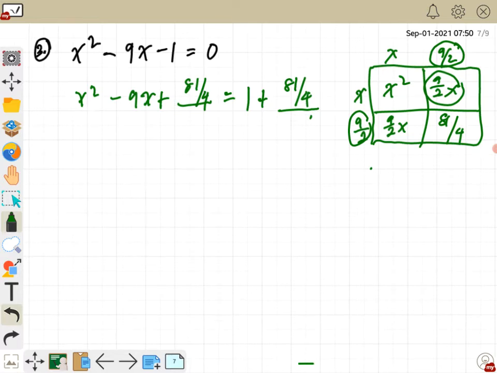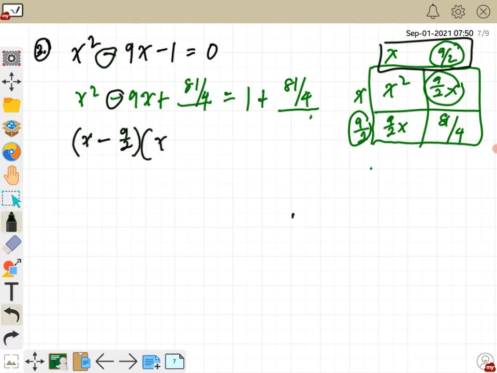So in this case, we can now factor. So this is simply our factors. So we have x minus, because our sign is minus, 9 over 2, x minus 9 over 2.